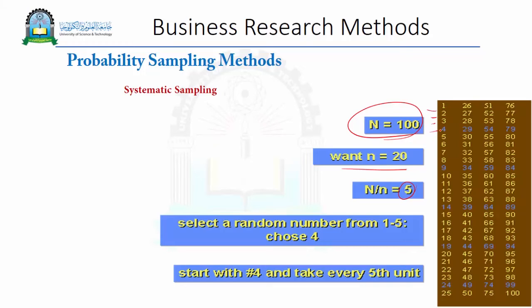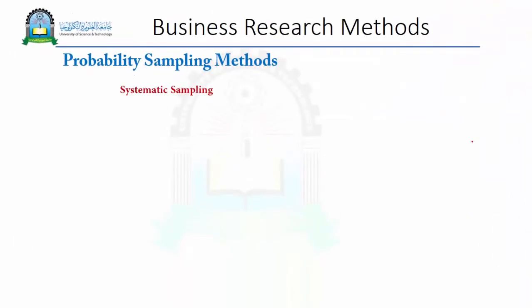If I start with 1, the second choice is going to be 6. If I start with 4, the second choice is going to be 9. If I start with 2, the second choice is going to be 7, until I get the whole sample.